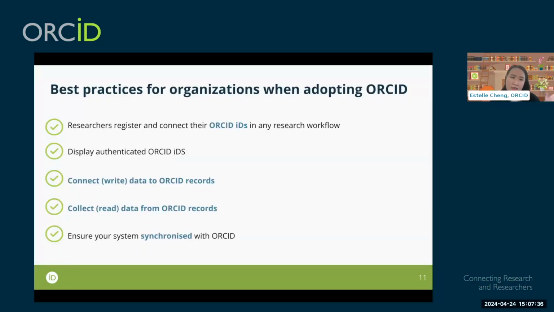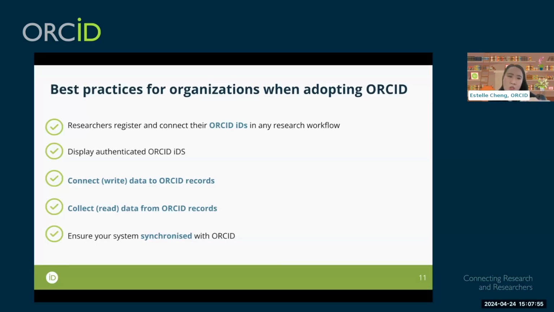There are 5 best practices, as I share. The first is that researchers register and connect their ORCID ID in your system in any research workflow, whether it's manuscript submission or funding application, and your system displays those ORCID IDs.